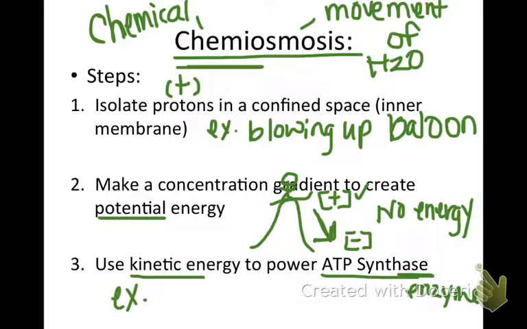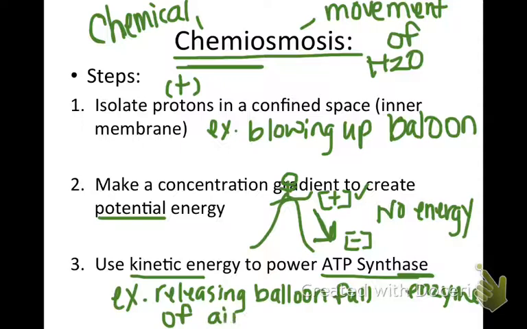So your example for number 3 is going to be releasing a balloon full of air. This is going to make more sense whenever we go through the demonstration. So chemiosmosis, we're moving chemicals through water.